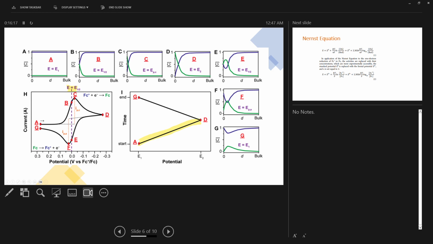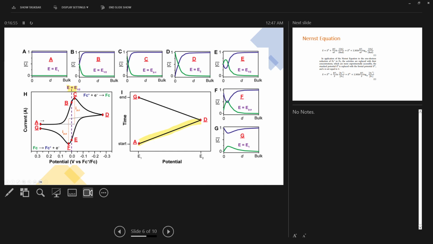It means that the reaction goes back to Fc, oxidized back, and this path is shown from point D to G. This path is called the anodic trace, and it has been represented in this graph from D to G. Now it is worth noting that this is Ipc, the maximum current peak of the cathode, and this peak is the maximum current of the anode.